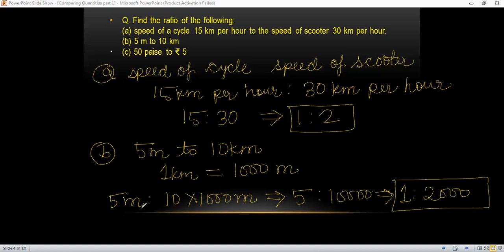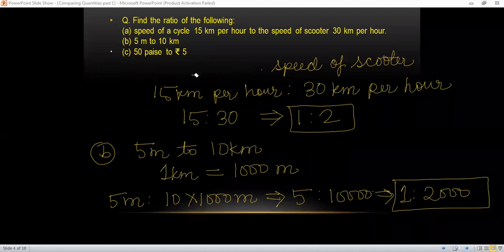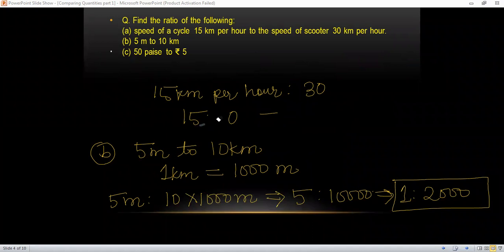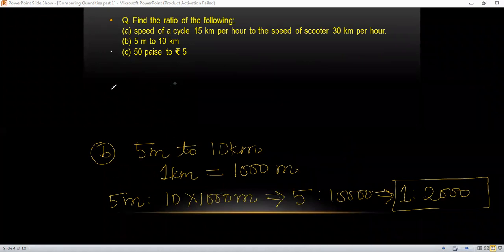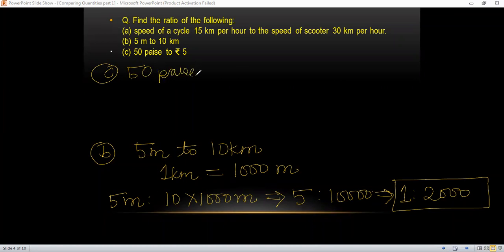Now moving to the next question. In part C also, we have to make the units the same. 50 paise to 5 rupees. For 5 rupees, what will we do to convert into paise?